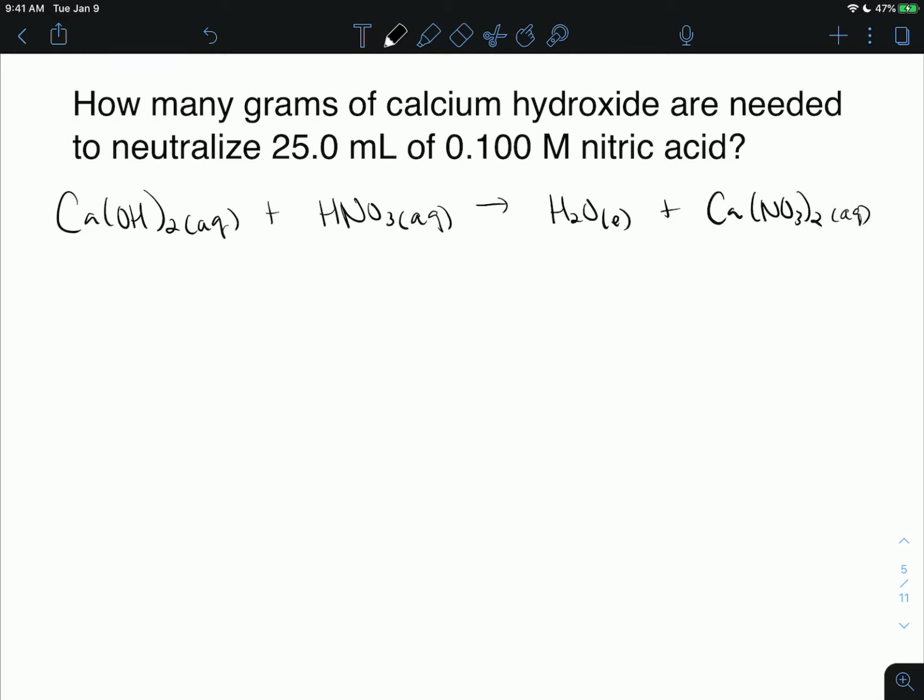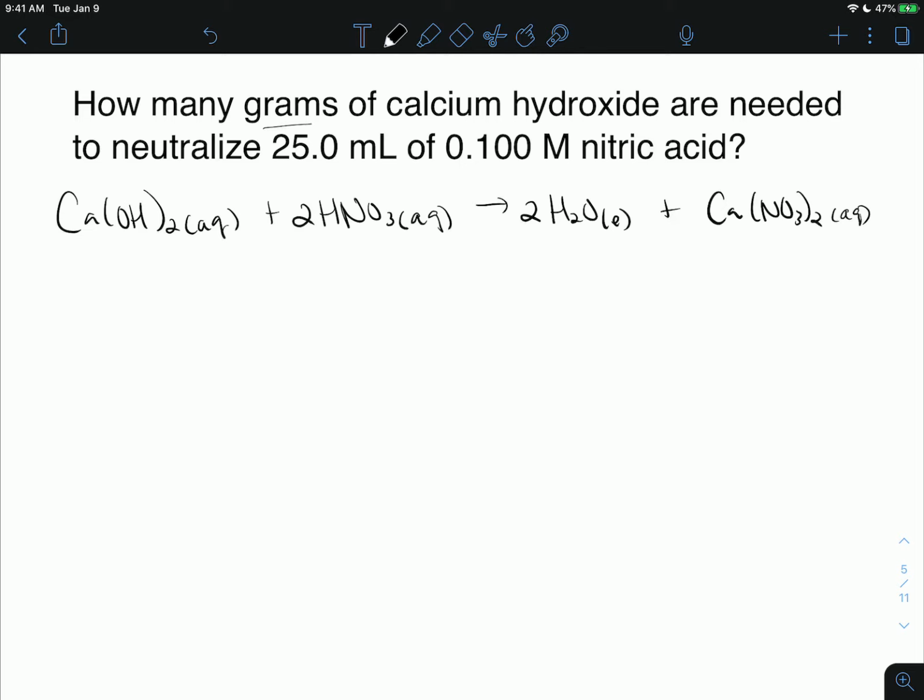Calcium is 2 plus, nitrate is -1. So we need 2 nitrate ions to balance out the 2 plus charge of the calcium. So we produce calcium nitrate, which has 2 nitrate ions. Next thing we want to do is balance this out like so. And now we have our balanced equation and we can move on to the next step.